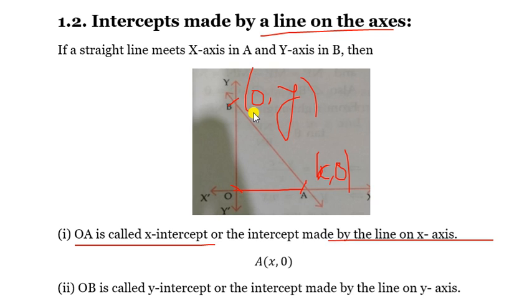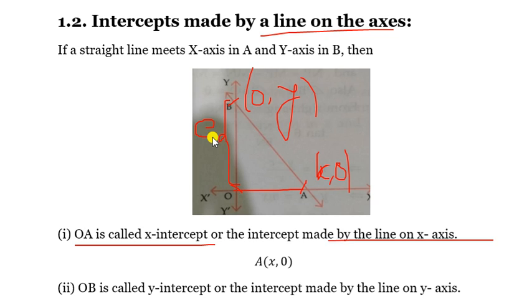And very important for this diagram, y-intercept, this much distance, is denoted by c. That means y-intercept is denoted by c.